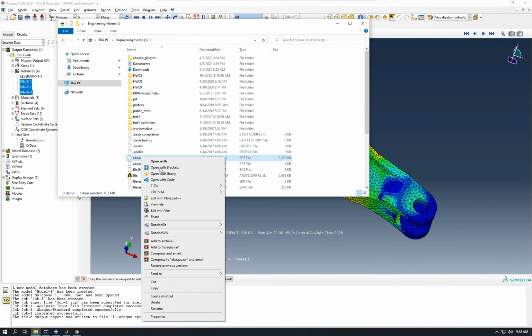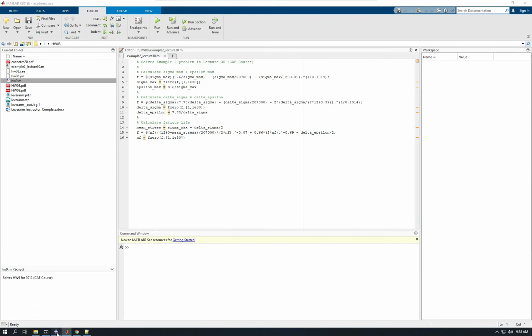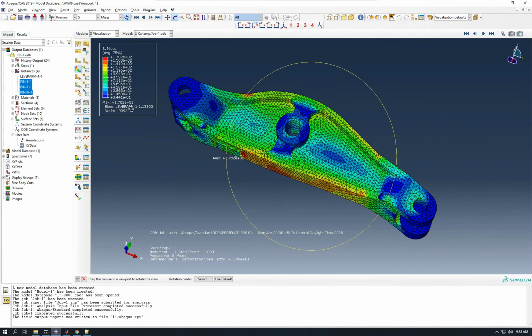I right click on this and open it in Notepad. Okay, and this is the point that I'm looking for. In my case it's 49393, but in your case it might be a different node. You have to check it from here: the node with the highest von Mises stress.